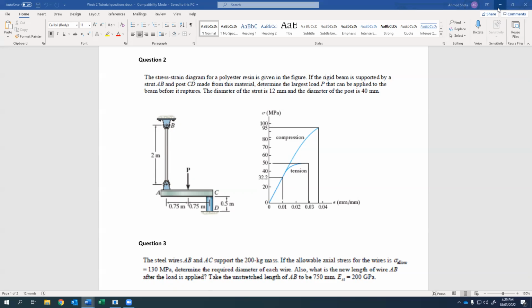Do you have any questions about the quiz? The quiz will be from the tutorial examples and the lecture examples. I think maximum two questions will be in this assignment, and it will be from the tutorial and from the lecture.